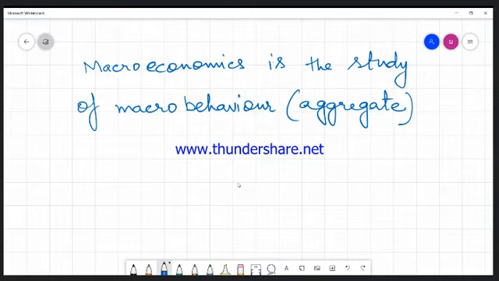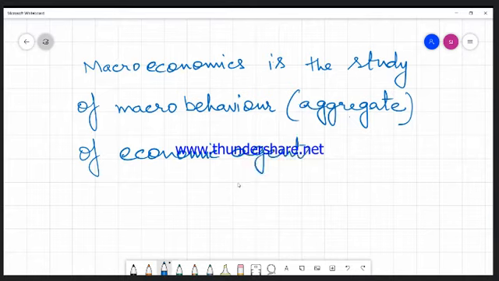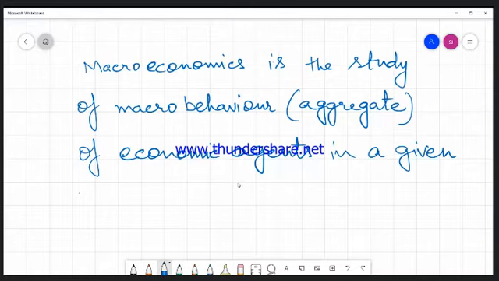Macroeconomics is the study of macro behavior. Macro behavior is the aggregate behavior of economic agents in a given economy.